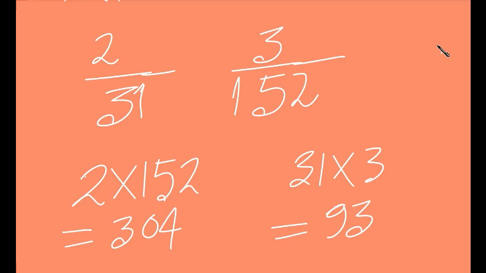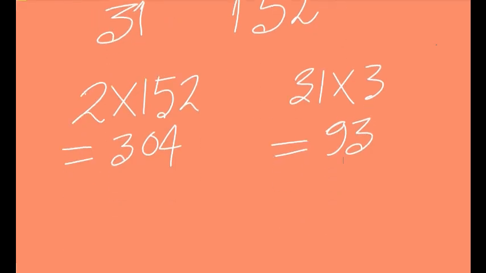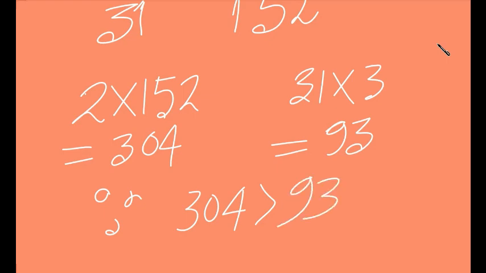So therefore, since 304 is greater than 93, therefore 2 by 31 is greater than 3 by 152. Okay, that's it. That's how you write it.